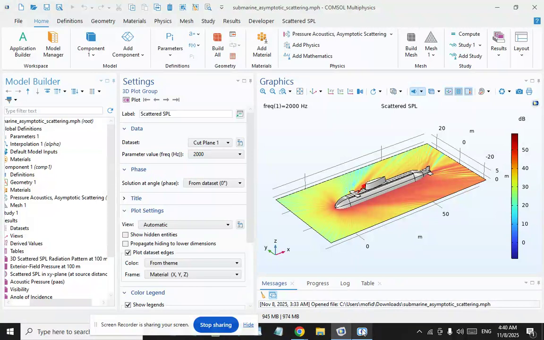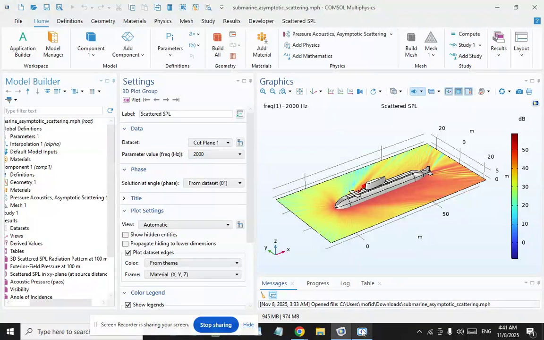Other factors, such as the viscosity of pure water and the relaxation activities of boric acid and magnesium sulfate, to name a few, play a role in addition to depth, temperature, salinity, and pH. The impedance boundary condition is set to the absorption coefficient to represent a soft material resting on one of the hard surfaces.